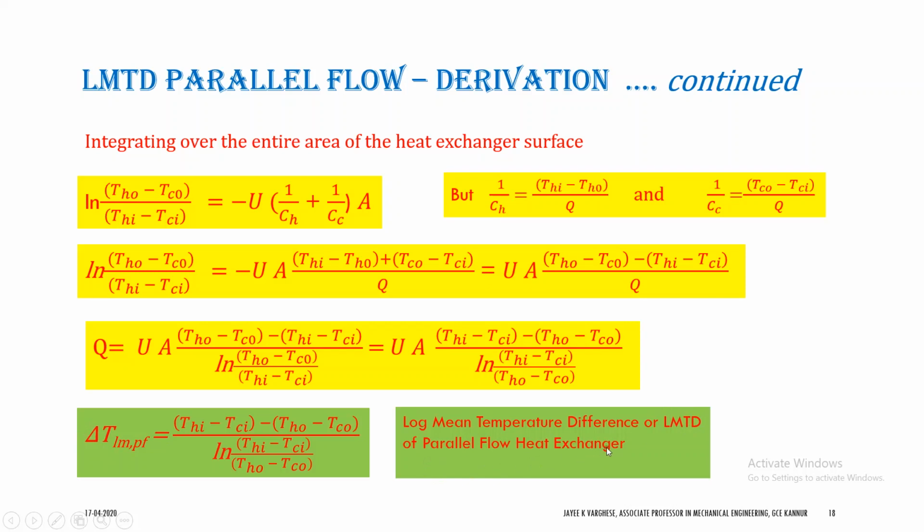The LMTD of a parallel flow heat exchanger is written as Thi minus Tci minus Tho minus Tco divided by ln of this. We can take the negative of the numerator and the reciprocal inside the log, so we can write it either like this or like this.